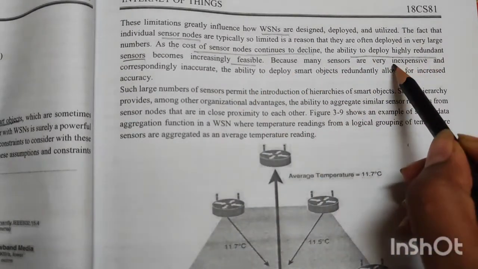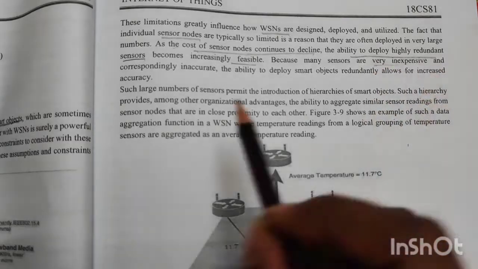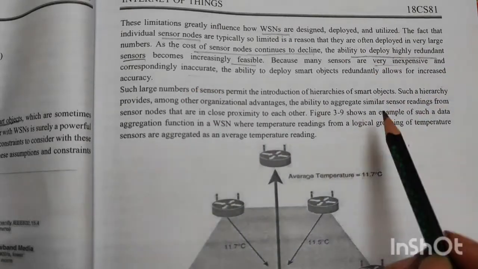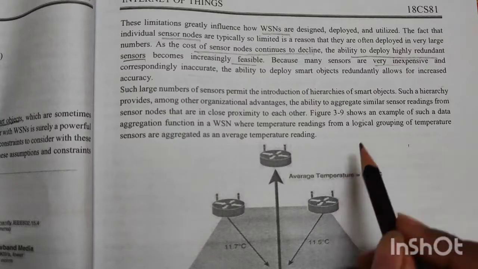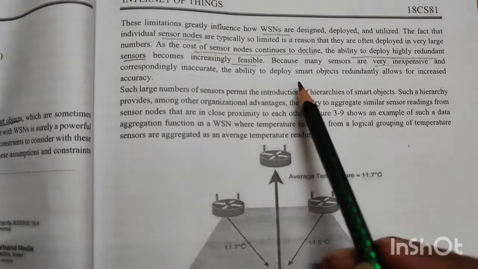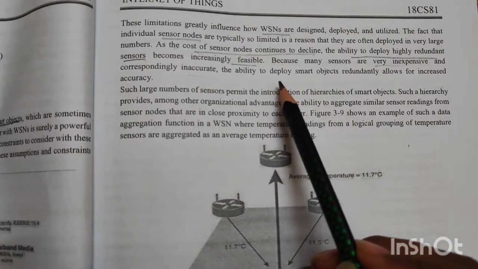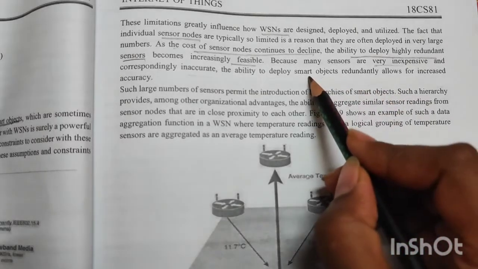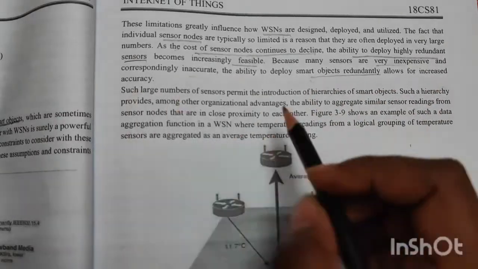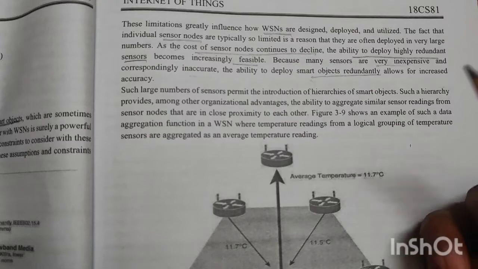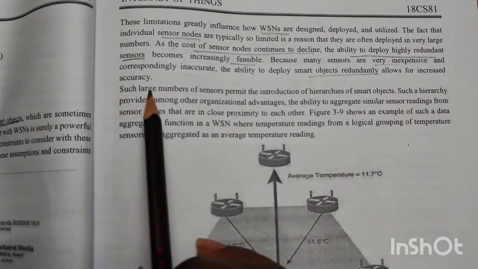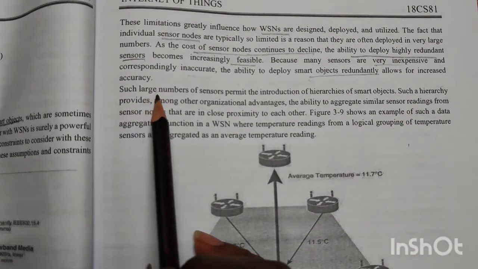These sensors may be very inexpensive and inaccurate. If you're using cheaper quality, sometimes it becomes inaccurate, right? So the ability to deploy smart objects redundantly allows you to increase accuracy. If you're sending the same data again and again, you can increase the accuracy.